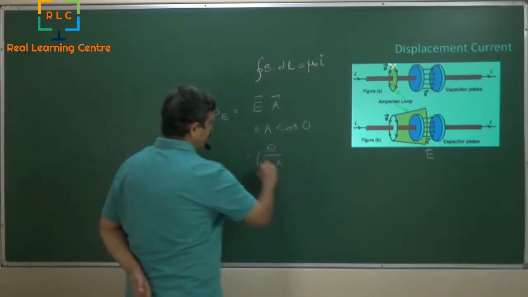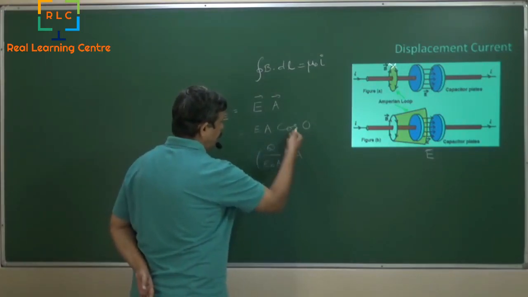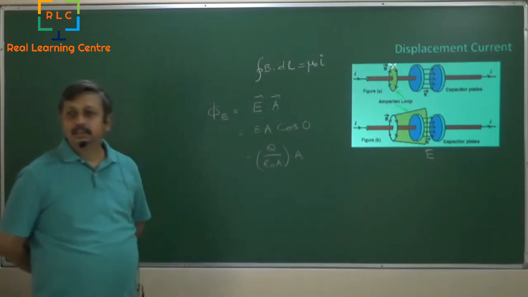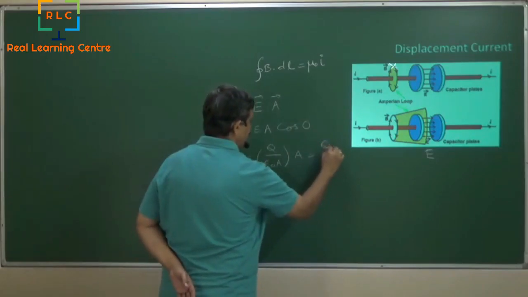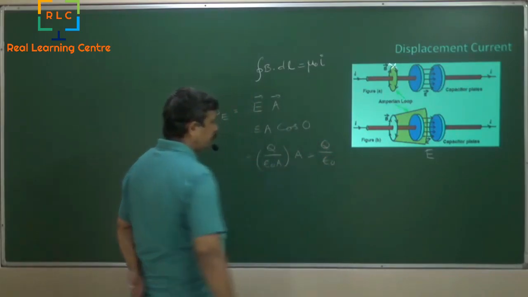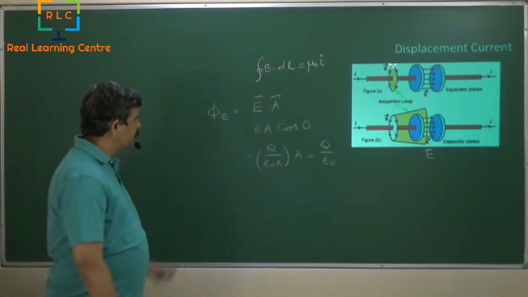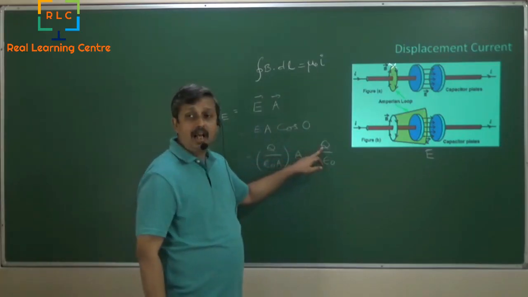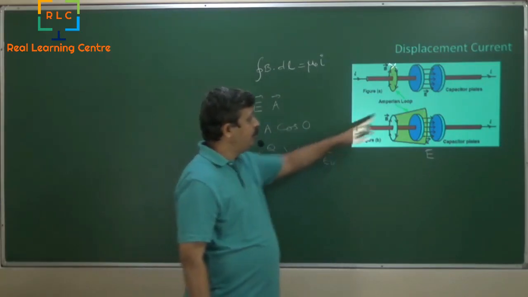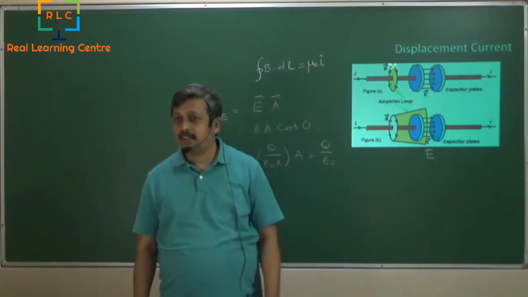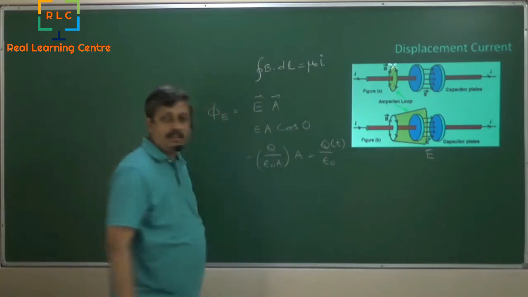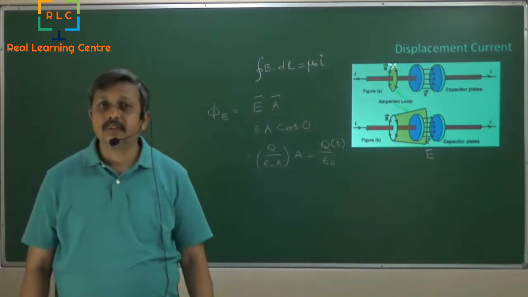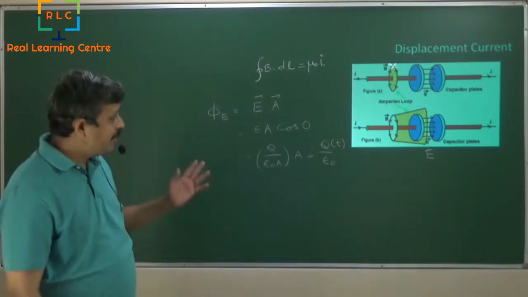Into, this is our E, into A. Cos 0 is 1 anyway. So this will give rise to Q divided by epsilon naught. But understand one thing, this Q is not a constant Q. This is the Q that is varying here. It is a function of time. So it's Q of t. It is varying in time.